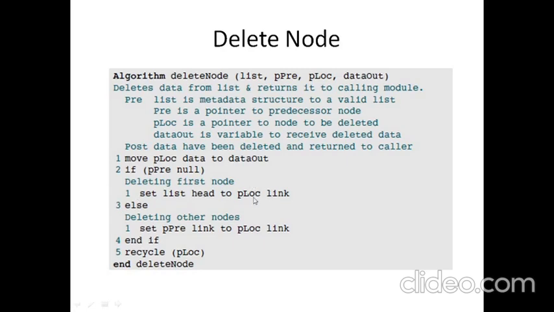See, in the previous insert algorithm, we used P new to represent the new node, but P loc or P location in the deletion represents the node to be deleted. So keep this in mind. So set list head to P location link. In other words, list.head is going to be P location dot link.